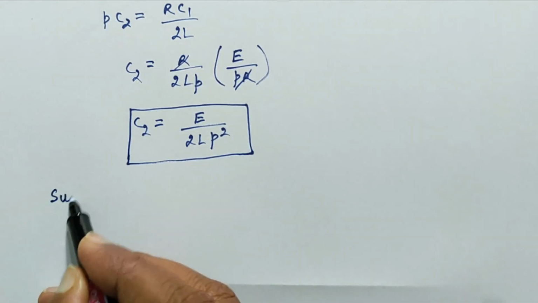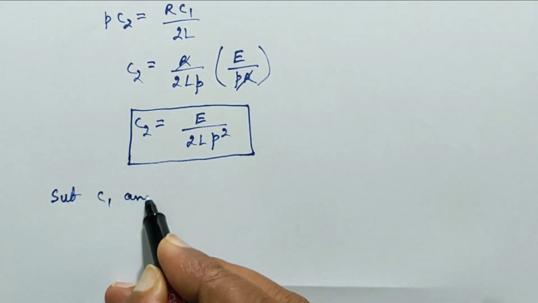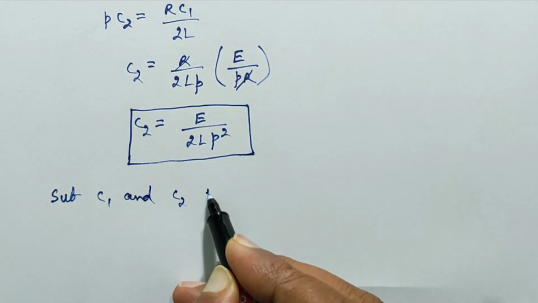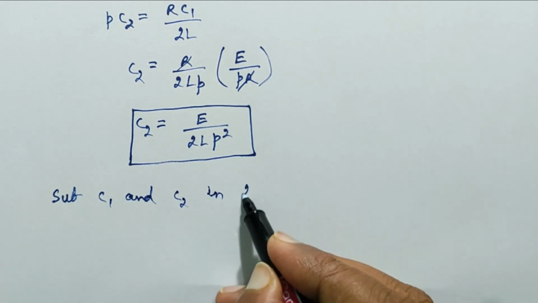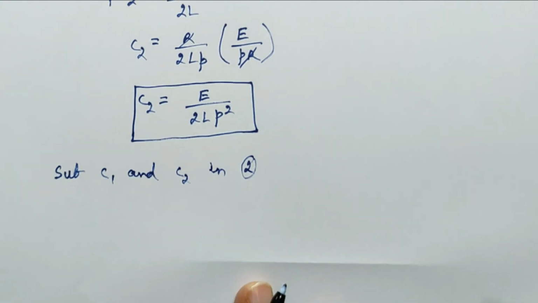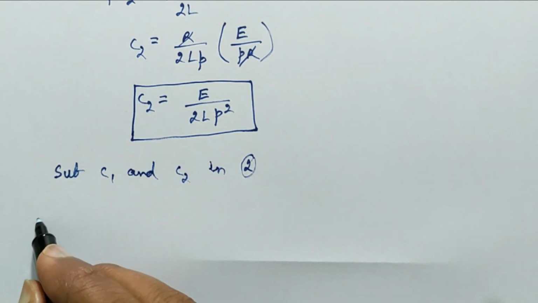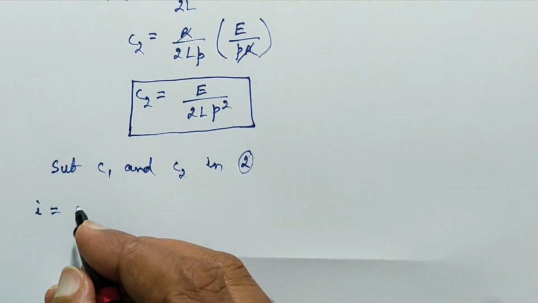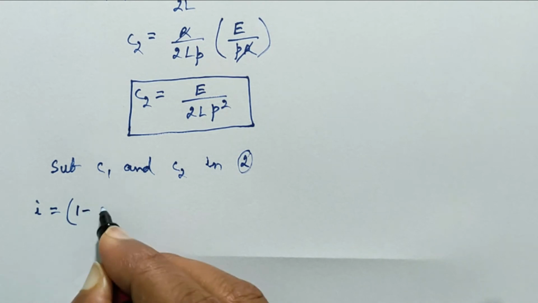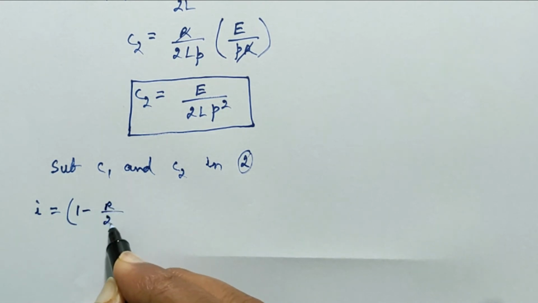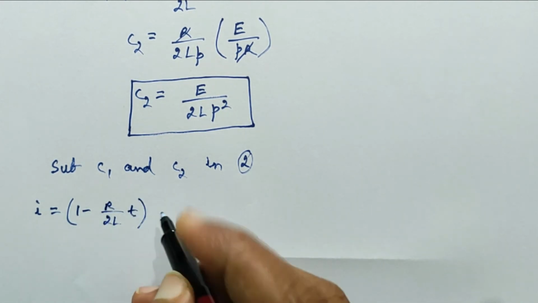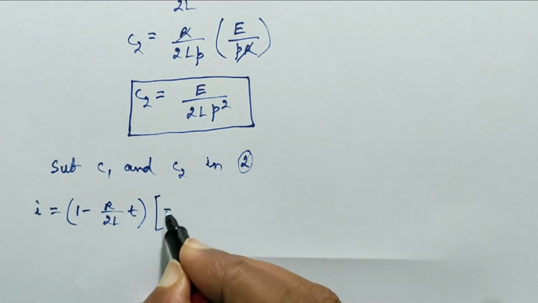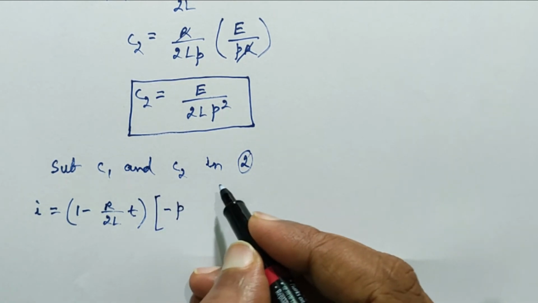So substitute the values of C1 and C2 in I. I is given by equation number 2. So therefore we have the current I to be equal to, you can just observe equation number 2 and substitute. So we have 1 minus R by 2L times T into, it is minus P times C1 value.